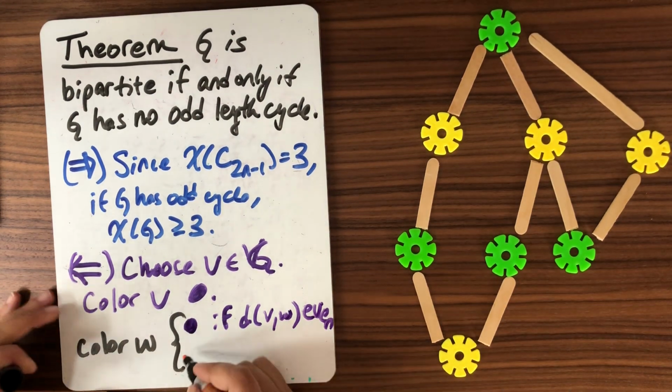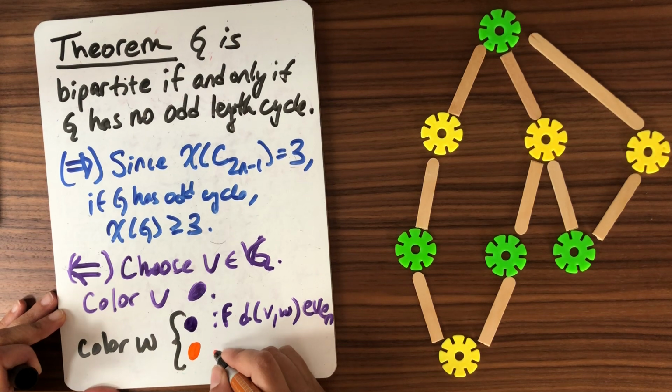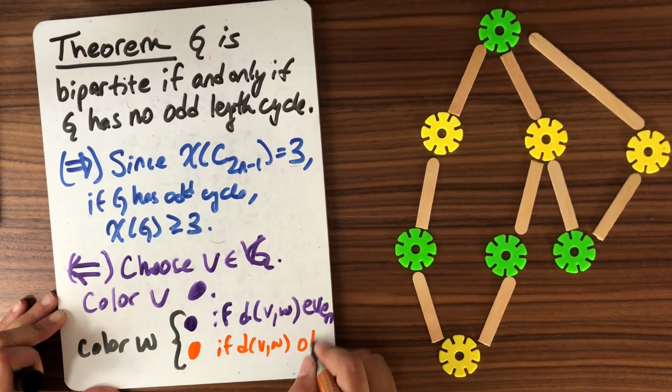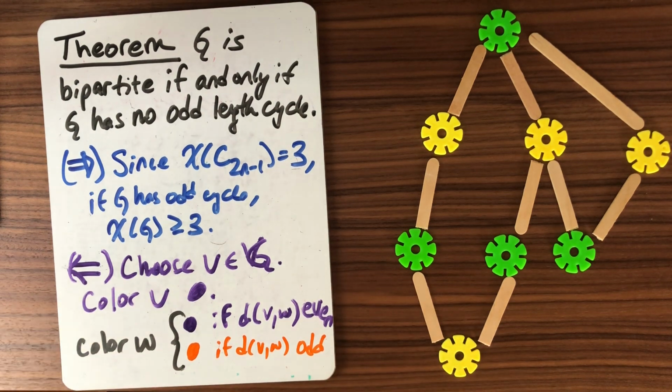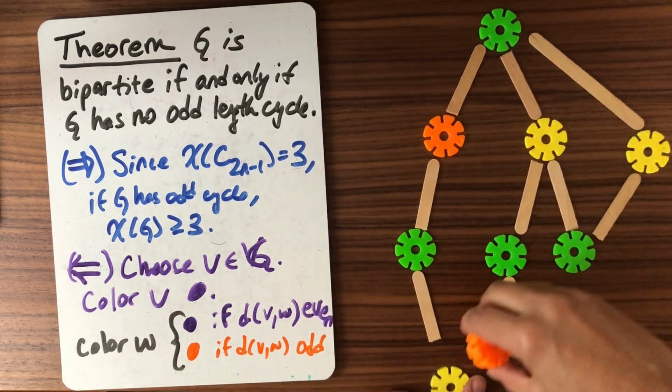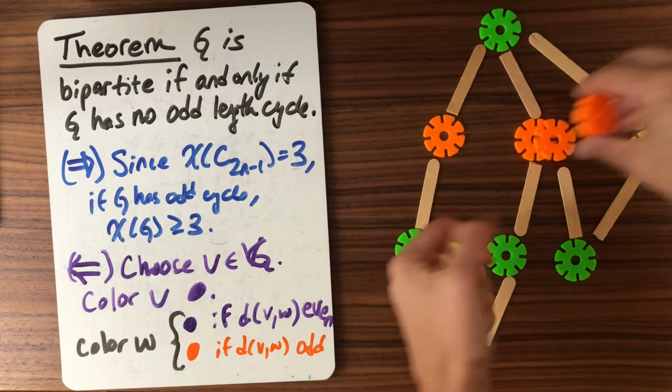Otherwise, we'll color it orange. So this is if the distance from V to W is odd. So let's check that we've done that correctly in this graph, where we're going to have to substitute colors, okay, we can at least be half right.